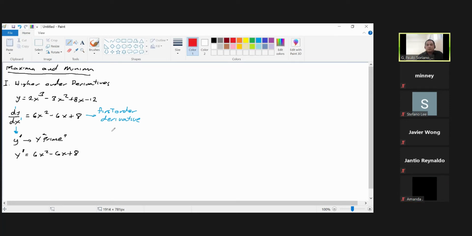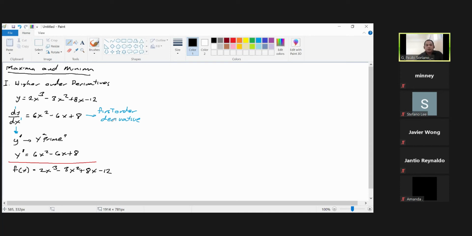Another way of notating: what if we are given a function, not written in y form? F of x, for example, is equal to 2x cubed minus 3x squared plus 8x minus 12. How do we write the first order derivative using f of x?